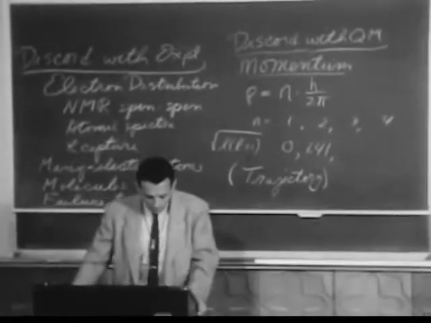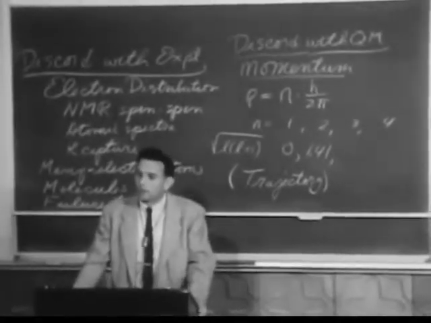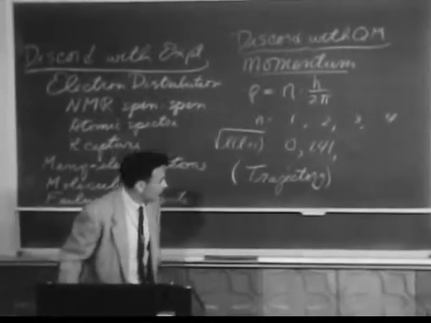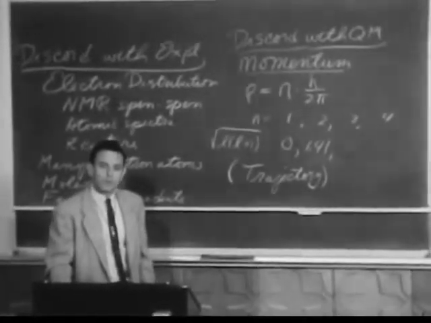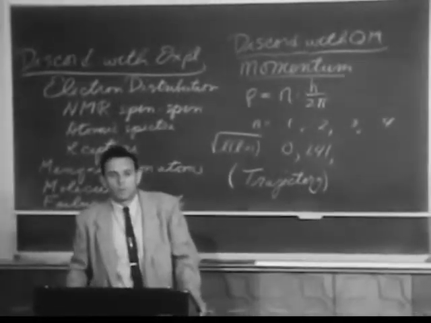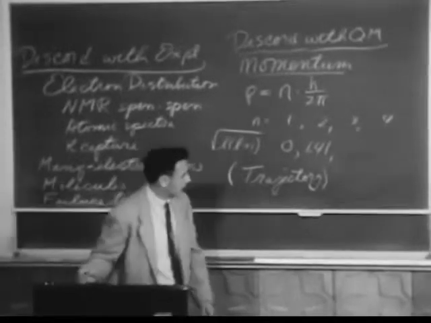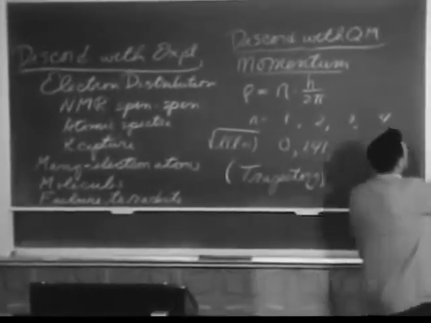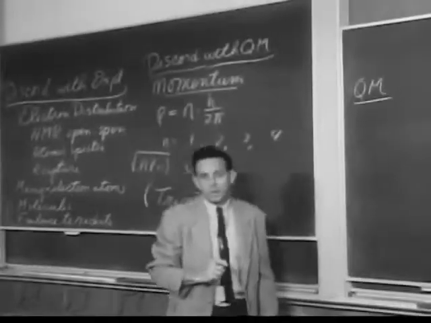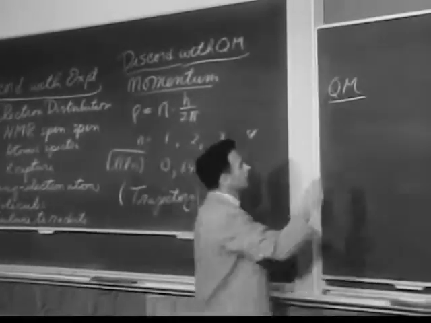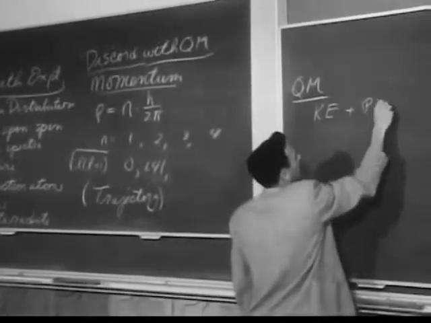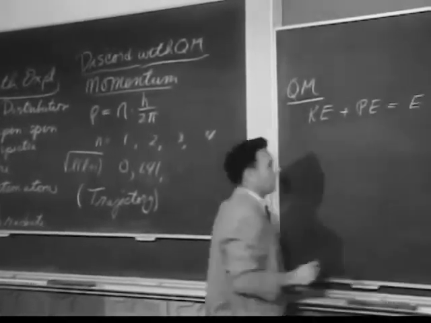Now let me turn to the quantum mechanical view, and what I'd like to do in this particular part of the discussion is to make some connection between classical mechanics and quantum mechanics, but without going into all the detail in the mathematics. In the first place, the quantum mechanical model begins with the classical equations: kinetic energy plus potential energy equals total energy.